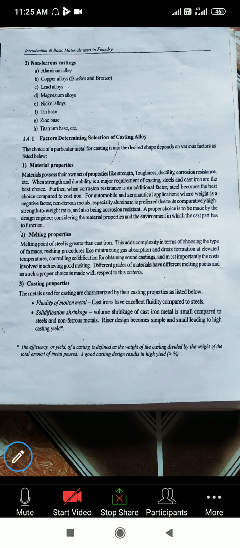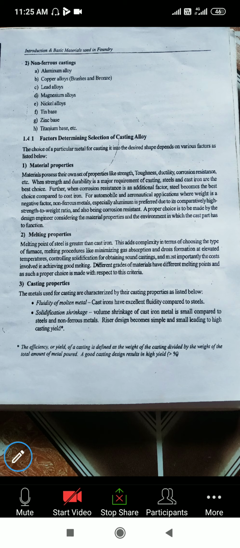For automobile and aeronautical applications where weight is a negative factor, non-ferrous metal, especially aluminum, is preferred due to its comparatively high strength to weight ratio and also its corrosion resistance.